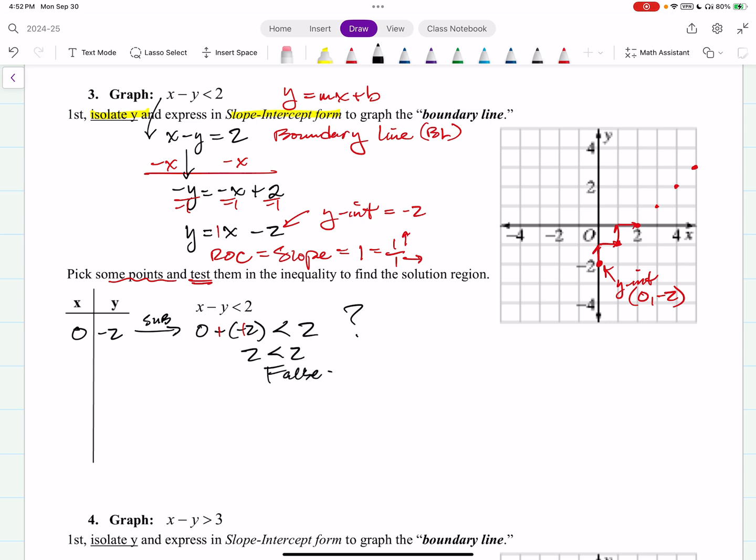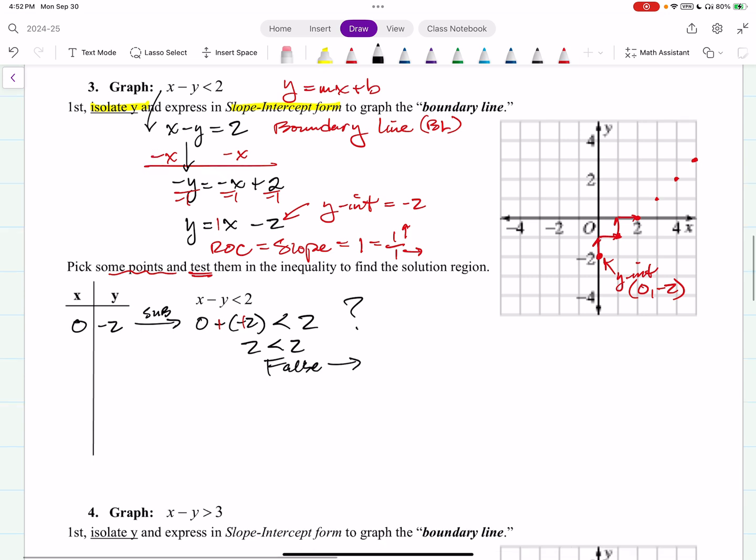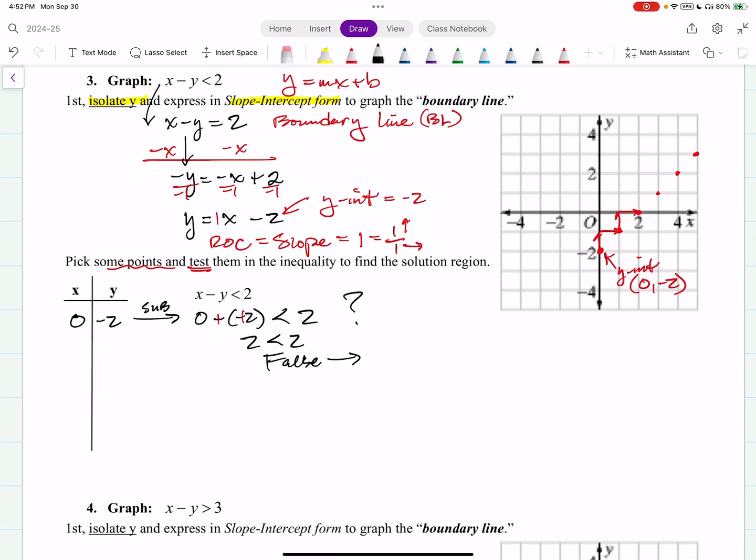And when that happens, that tells you that whatever point you're testing is not a solution. So (0, -2) is not a solution to the inequality, which means that the points on the boundary line are not solutions.